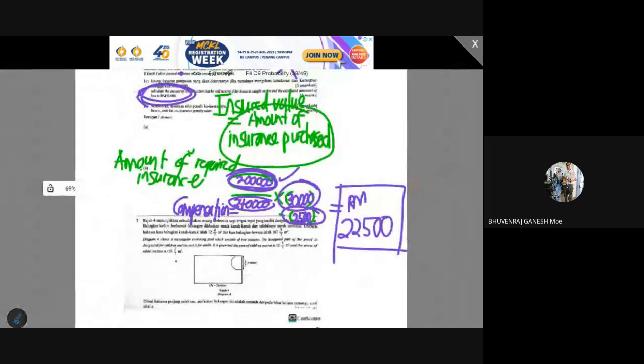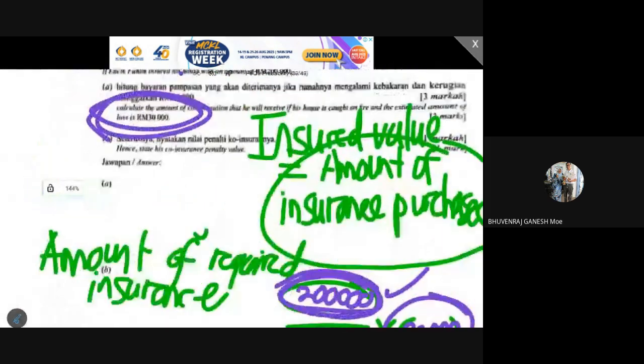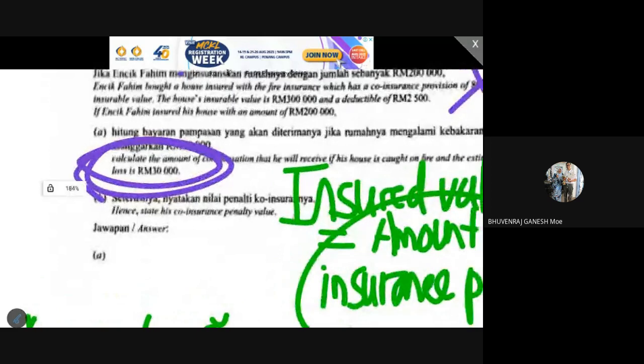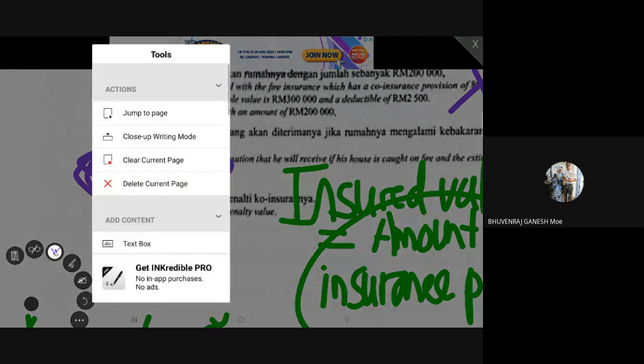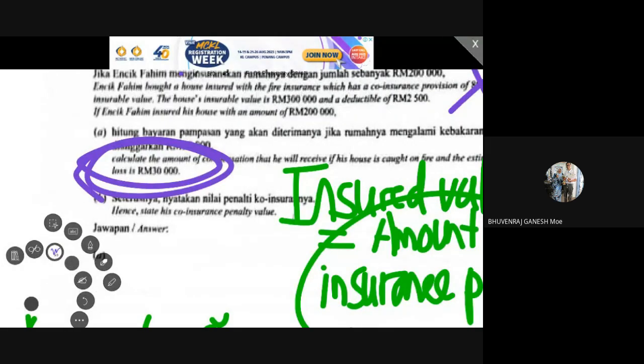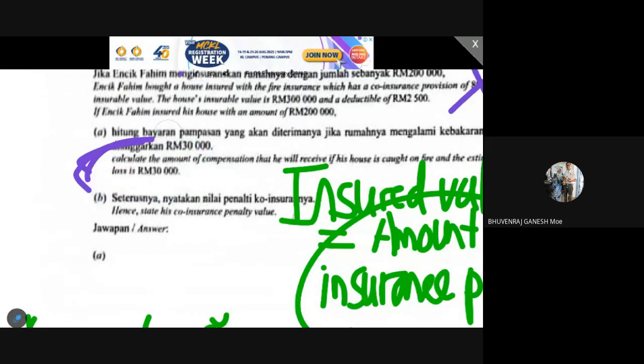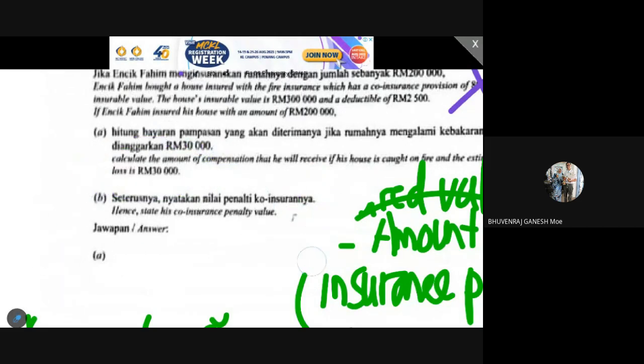So we go to B. So B, co-insurance penalty. Okay, this one. So you all know or not how to calculate co-insurance penalty? Anyone know? Macam mana nak kira nilai penalty co-insurance? Don't know. Of course you don't know lah. You're not studying that now. I'm asking my students.